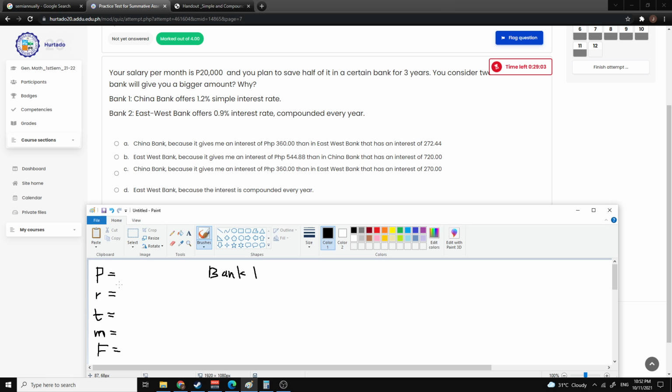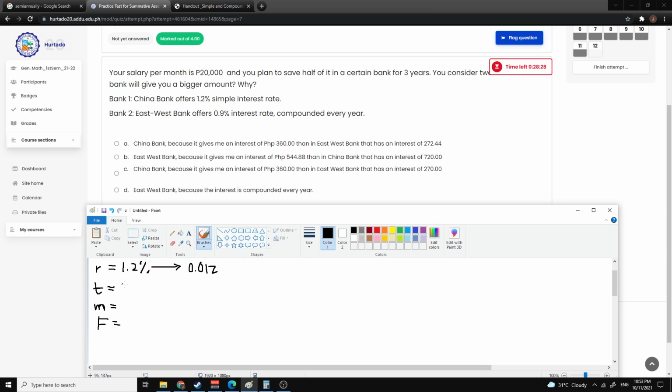So 20,000 divided by two, so 10,000. Now, rate of interest. For the first bank, it's going to be 1.2%, which, since we move the decimal place two places left, is going to be 0.012. That is going to be our rate.